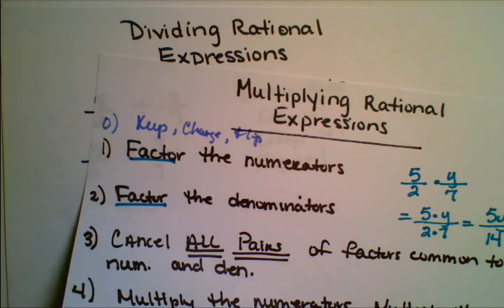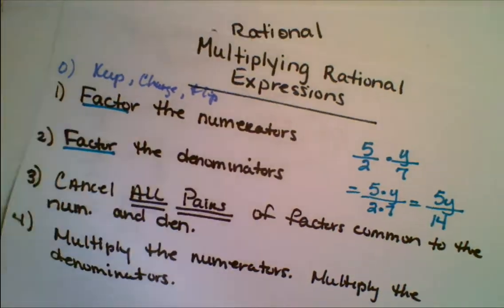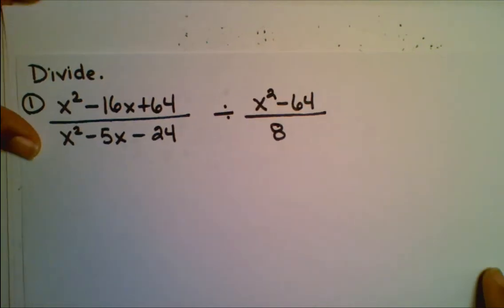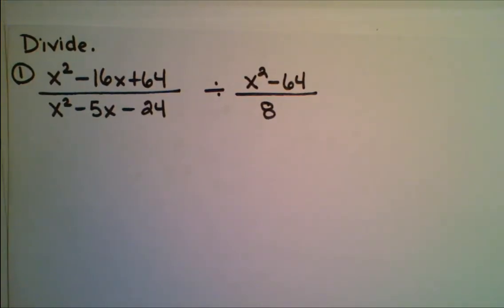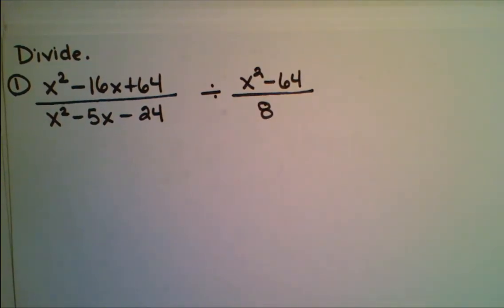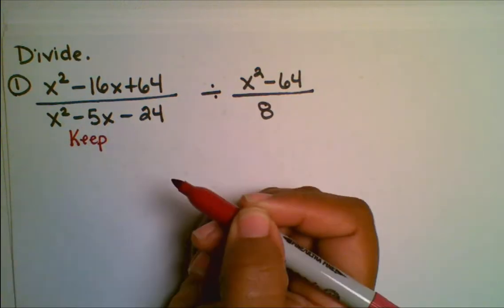So let's look at an example. We're going to divide x squared minus 16x plus 64 over x squared minus 5x minus 24, divided by x squared minus 64 all over 8. Okay, so don't forget, we're going to keep the first fraction the same.